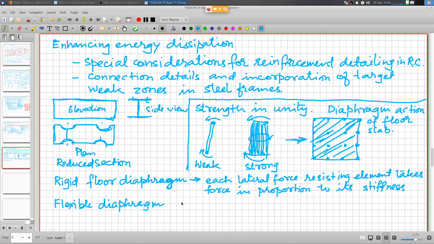Flexible diaphragm, on the other hand, is where there is no such mechanism that the deformation is identical.